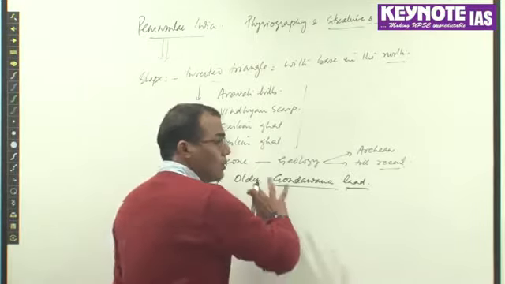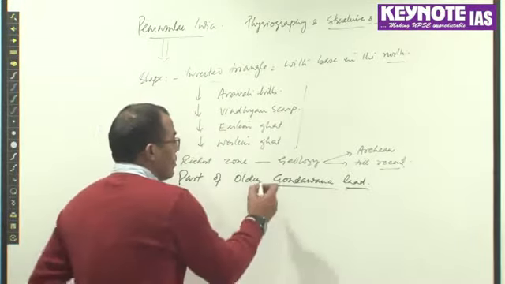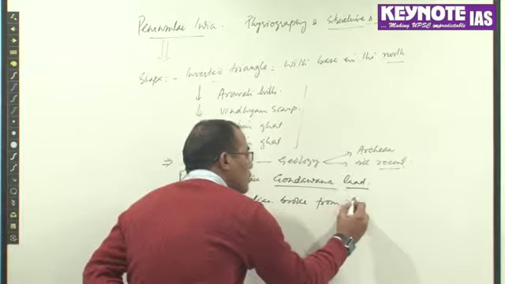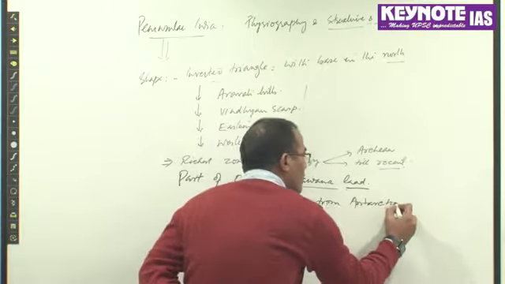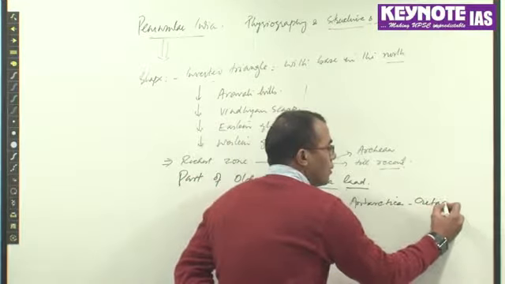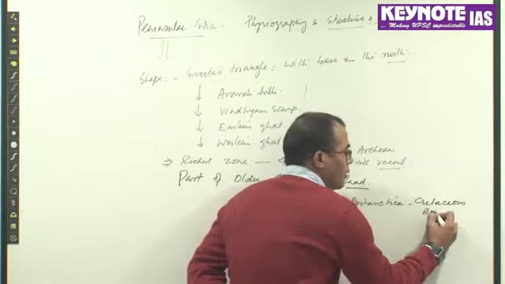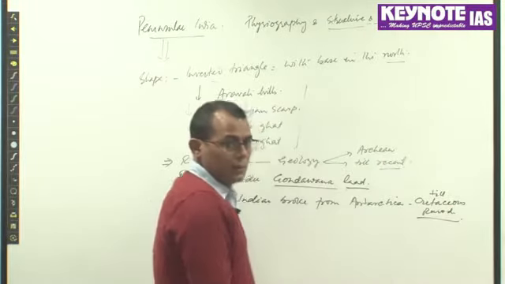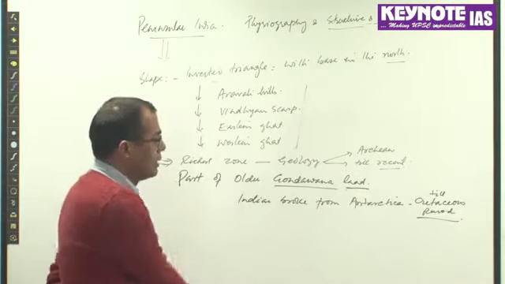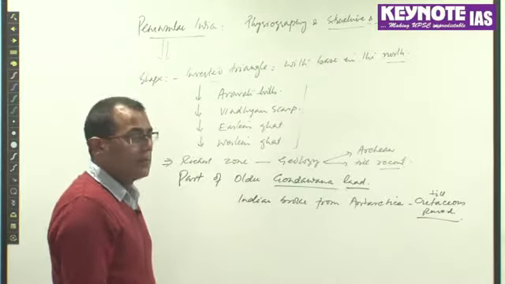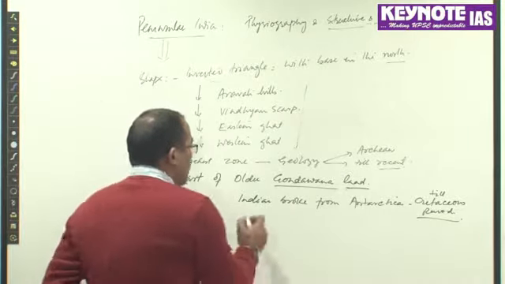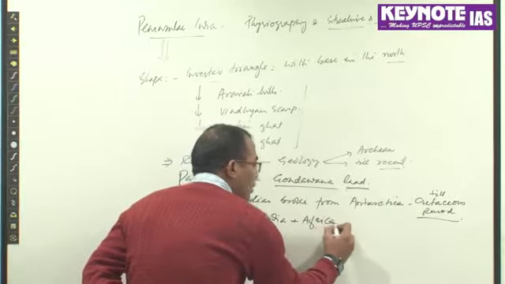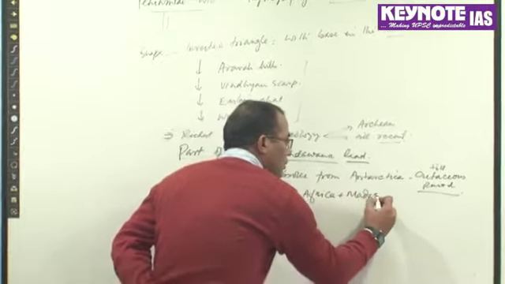The Gondwana land was a much bigger mass. So first India broke from Antarctica. That is during Cretaceous period. Before Cretaceous period, it had already broken from Antarctica. Then India was attached till Cretaceous period with Africa and Madagascar.